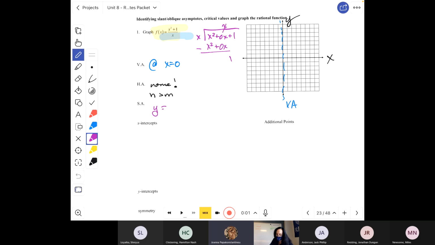My slant asymptote is y equal x plus 1 over x if I wanted to do the division. What am I really paying attention to? This right here, right? Not worried about the remainder. I did the division, but there is my slant asymptote. And I said this is a very important line that you should be familiar with. y equals x is my slant asymptote.